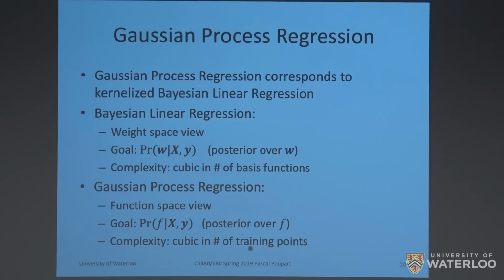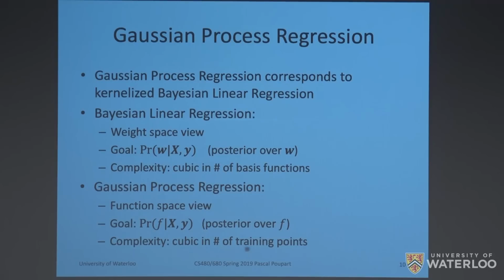For instance, if I use a Gaussian kernel, which has an infinite number of features and therefore infinite dimension, I cannot use it for Bayesian linear regression in the weight space view, but I can use it in the function space view because the complexity is independent of the number of basis functions.